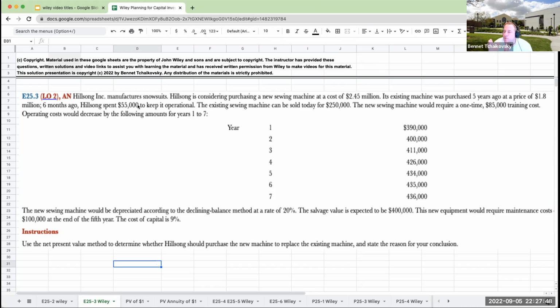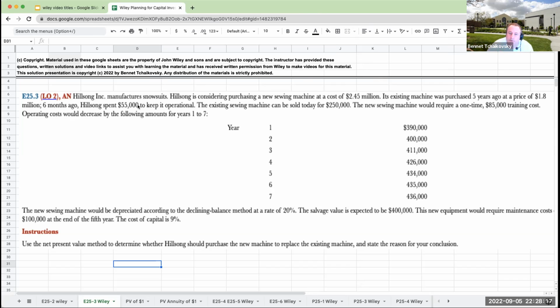The existing sewing machine can be sold today for $250,000. That's relevant because if I buy it new, I can sell my old one now. The new sewing machine would require a one-time $85,000 training cost. That's also very relevant because I would have to pay for that today. Operating costs would decrease, right? So these are going to be some cash flow savings.